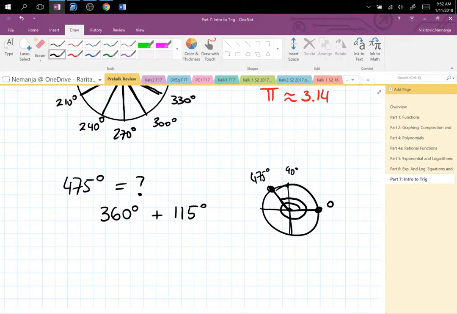So there are these things that you do periodically in life, and this is that type of behavior. So if you want to think about 115 being a Thursday today, then 475 is a Thursday next week. That's actually what it means. It's a very interesting thing.